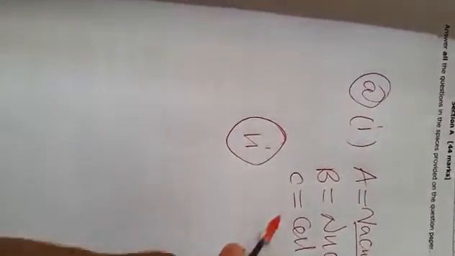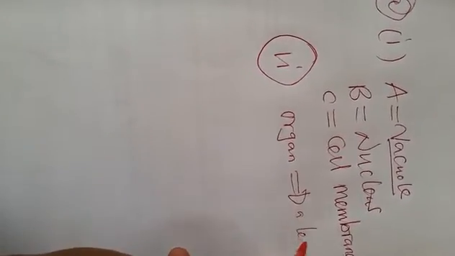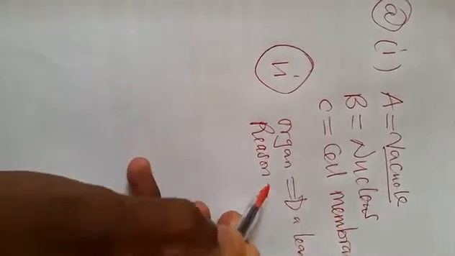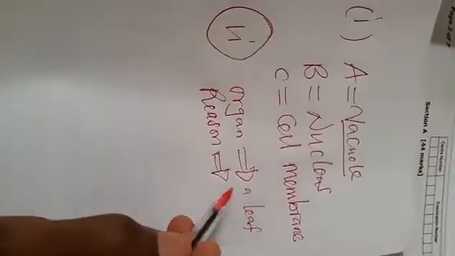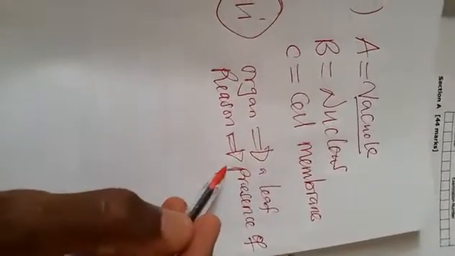So you say A2, the answer, organ of a plant will be a leaf. Then reason will be presence of chloroplasts.